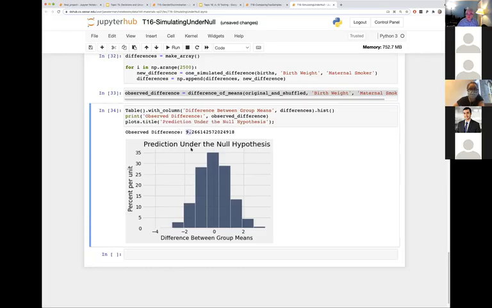So what was the observed difference? The observed difference was 9. So where is that, right? This is 1, this is 2, this is 3, this is 4, this is 5, this is 6, this is 7, this is 8, this is 9. This is not scientific measuring, but getting a distance of 9 is somewhere way out here.